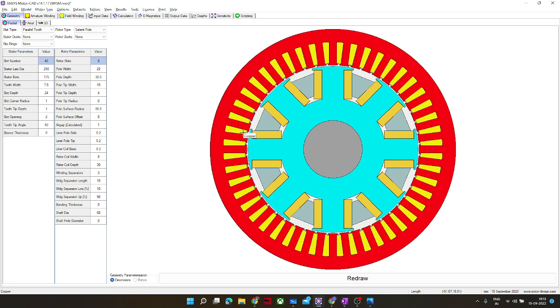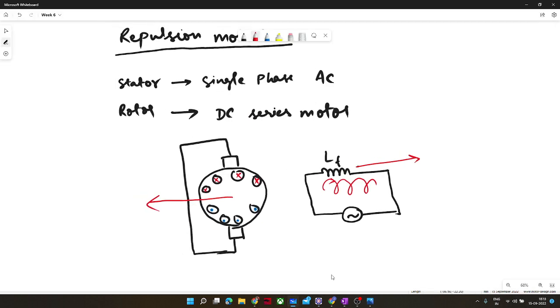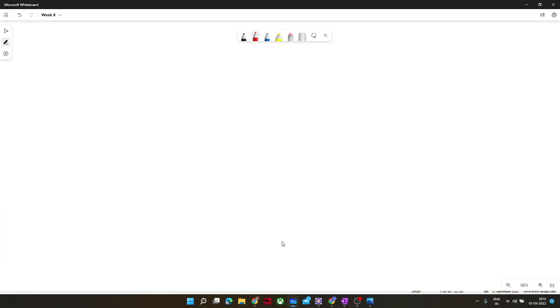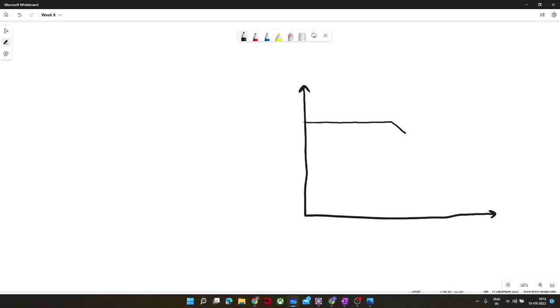In electric vehicle applications, field weakening operation is very challenging. If you need to run any electric vehicle above base speed, we must do field weakening, because our constant torque capability depends upon the voltage limit, and after that it operates in field weakening.